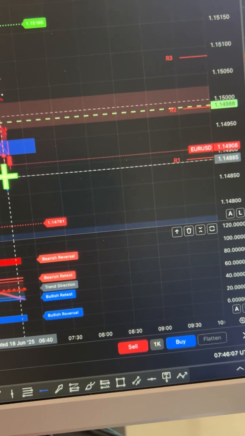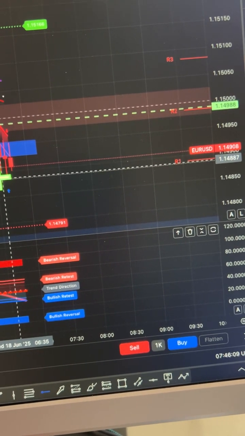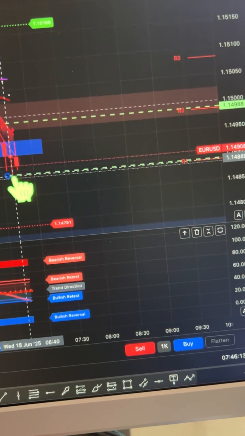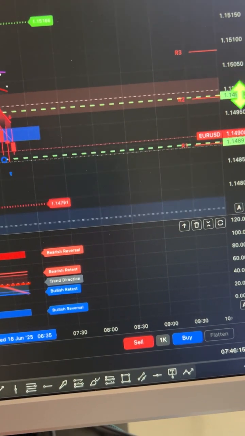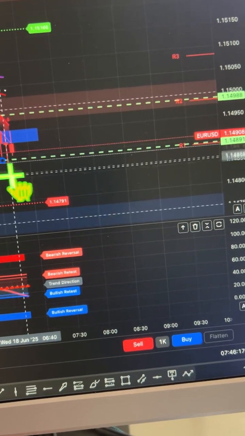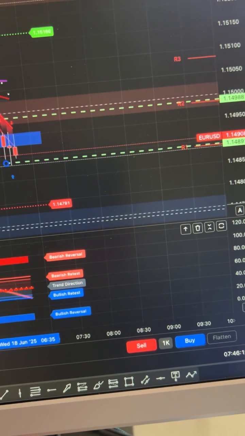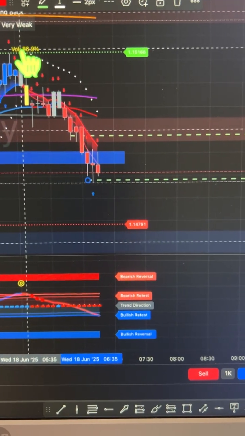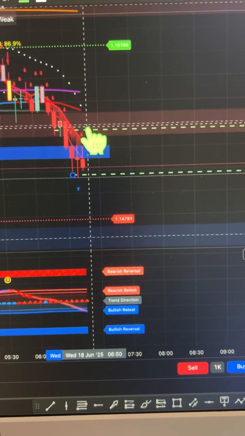TP2, we'll be looking at that pivot point there. And look, we just wicked it. There's no more pivot points there, so where are we going? This one is a stop loss for the buy. Don't worry about that. We're going on the super sniper arrow, going down, hit TP1.